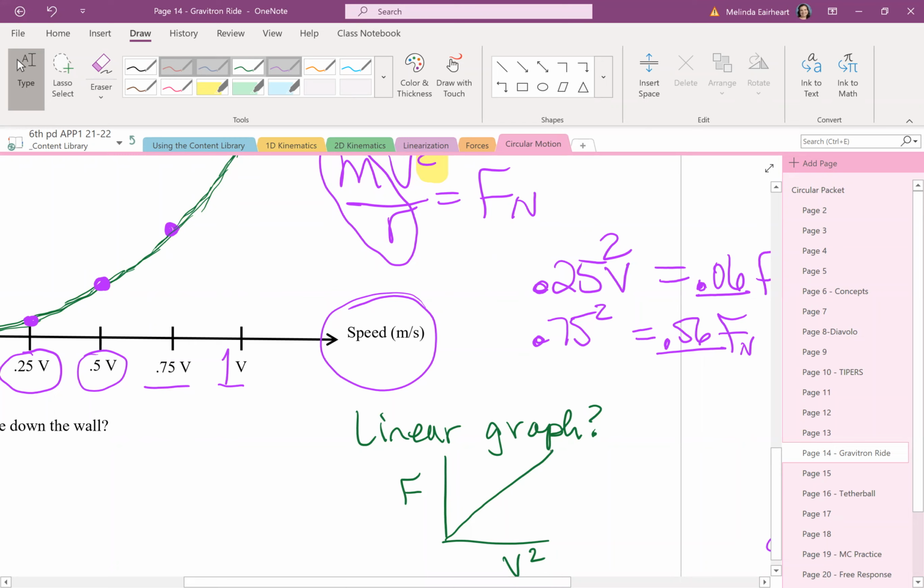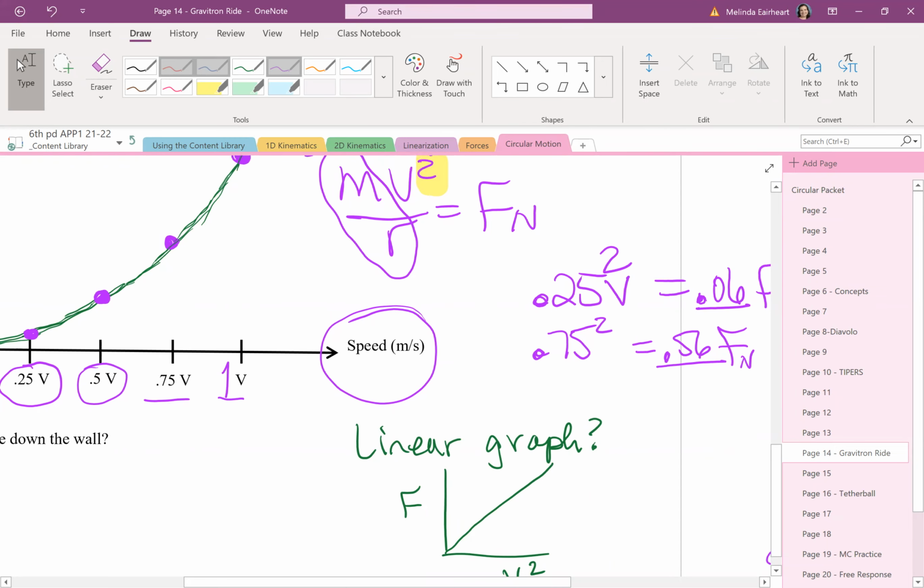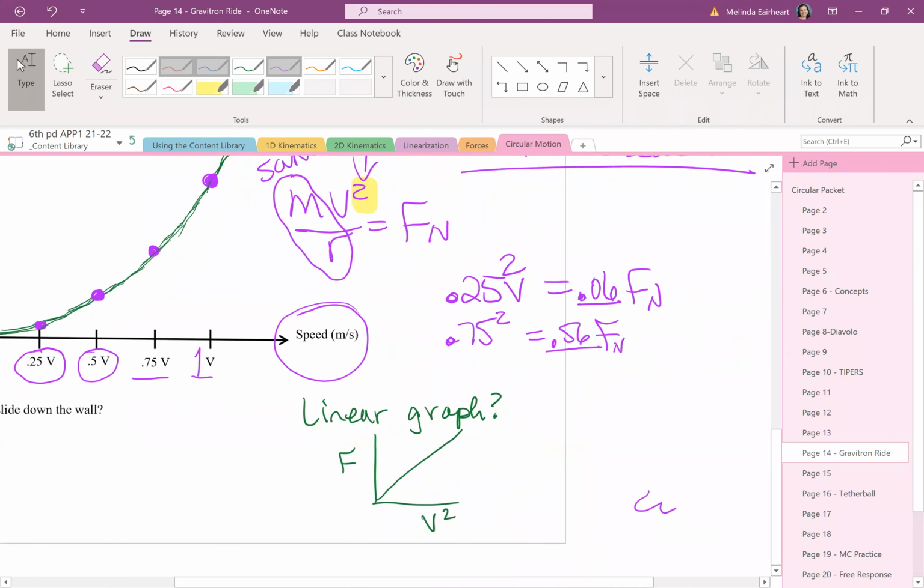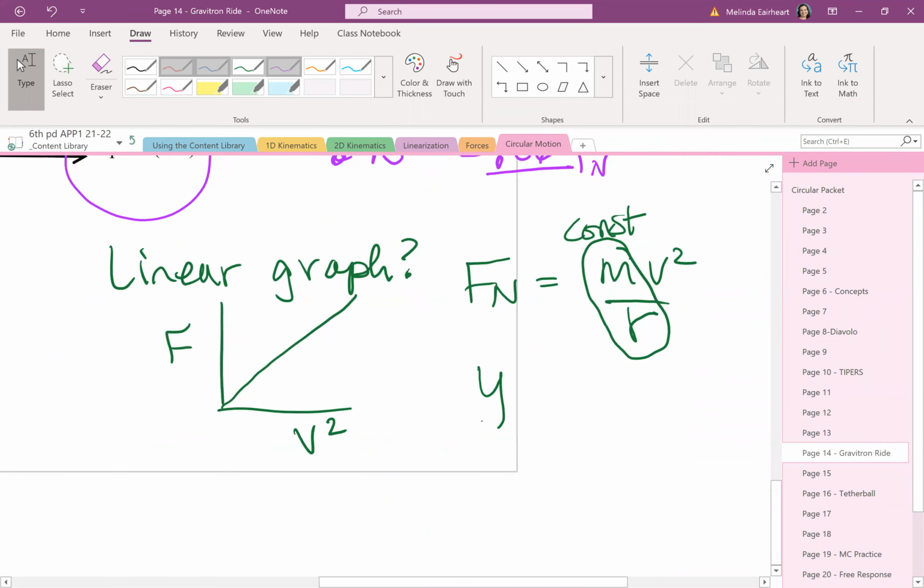You've got to look at the equation. We found that Fn was equal to mv squared over r. And we said m over r never changed. Y'all remember linearization, right? y equals mx plus b. Now be careful with the m, that's a slope m. What would your slope represent if you plotted v squared and F?